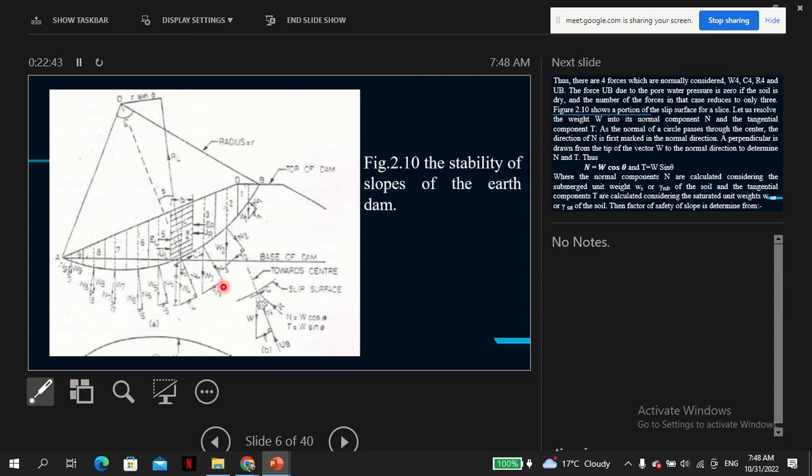Yeah, they are shown, you can see R there, U. The notations are shown in this figure 2.10.